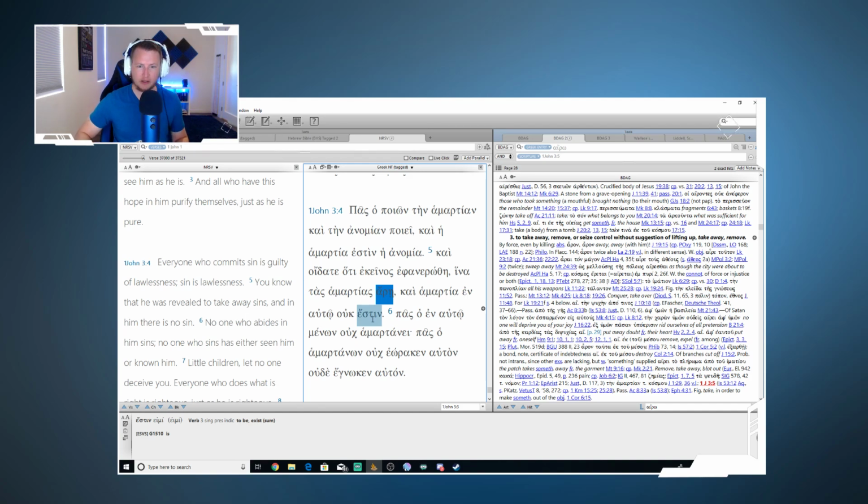Okay, let's go to verse 6. Moving right along. Pas ho en auto menon ouch hamartanei. Pas ho hamartanon ouch heoraken auton oude egnoken auton. Each one who remains in him does not sin.